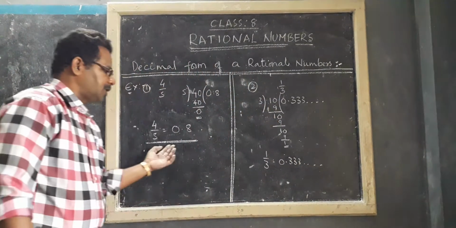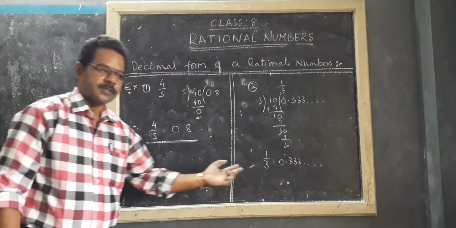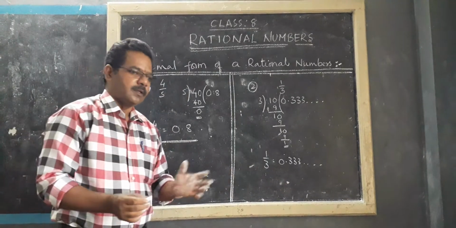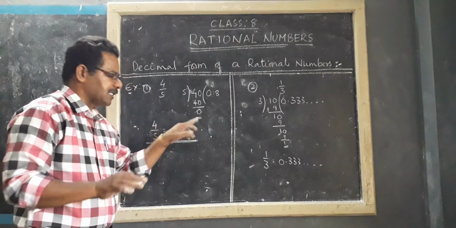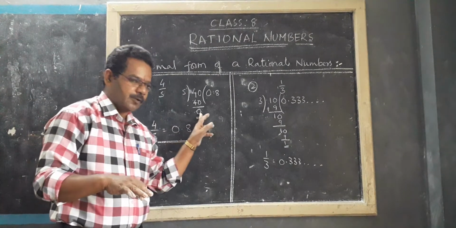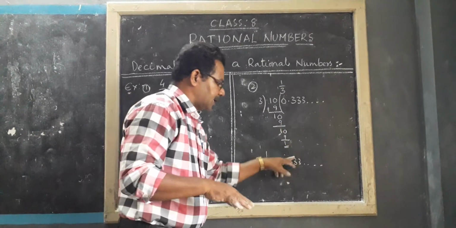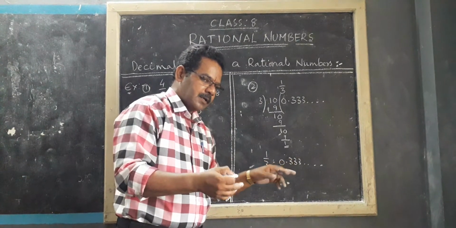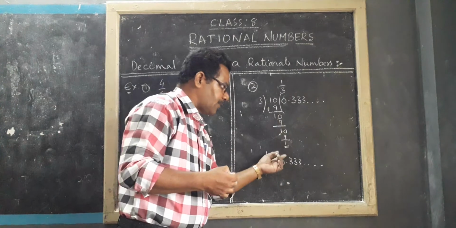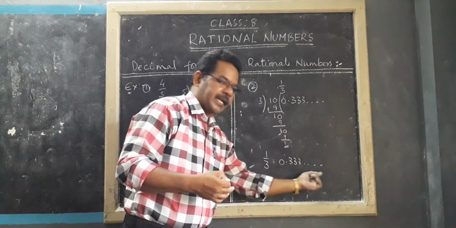If you observe these two decimal forms, they are different, because here it stopped. The division is completed with remainder 0. But here we did not get remainder 0. Always we are getting 1 as the remainder, in every step, and the quotient is repeating.